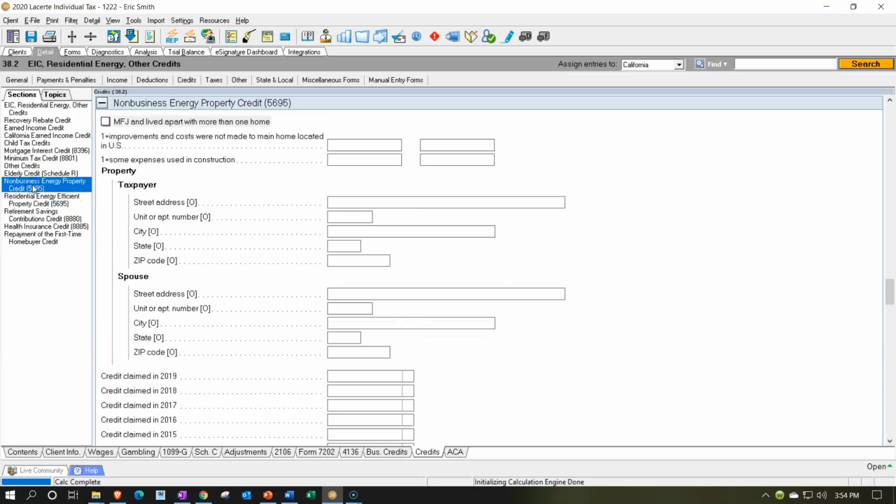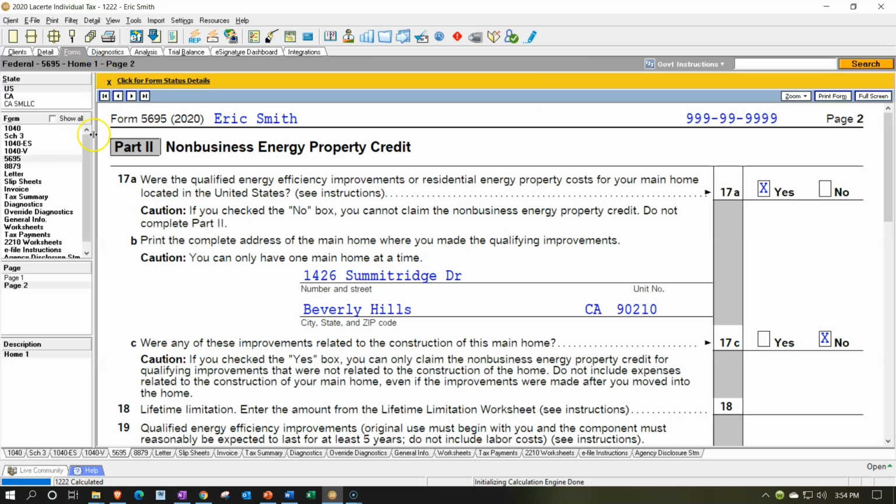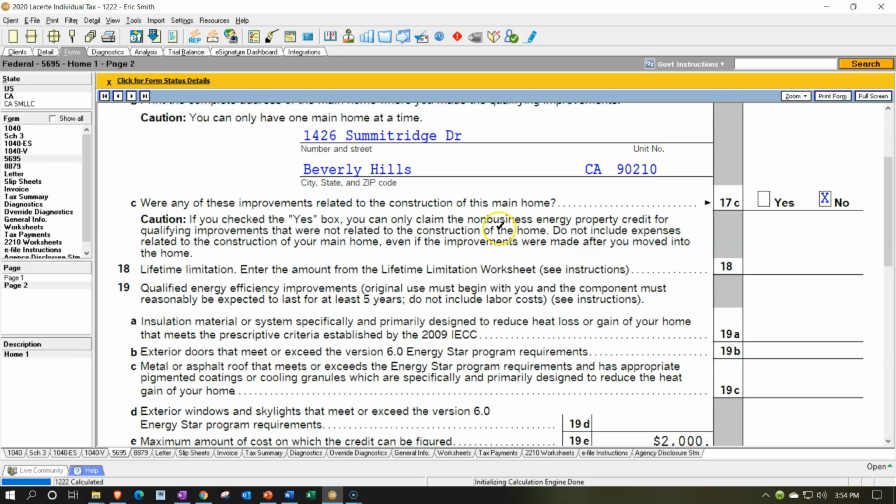And so now we're going to go to the non-business energy property credit, and I'm going to scroll down. Let's start off with the qualified material asphalt roof. Let's say 5,000 there. And then if I go back to the forms, we're still on the 5695, but now we're on page 2 of it because this is the non-business energy property.